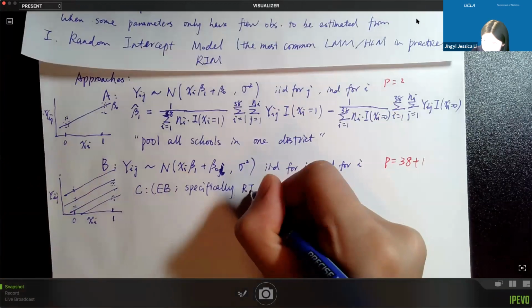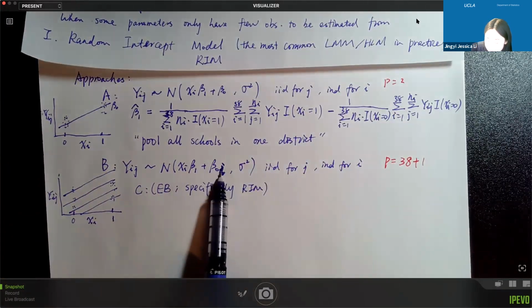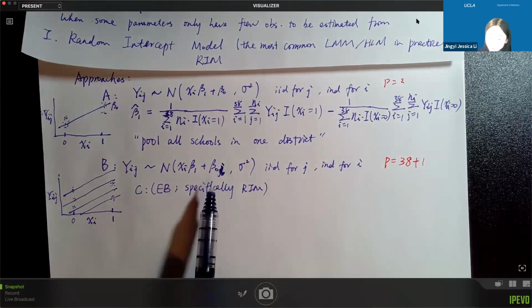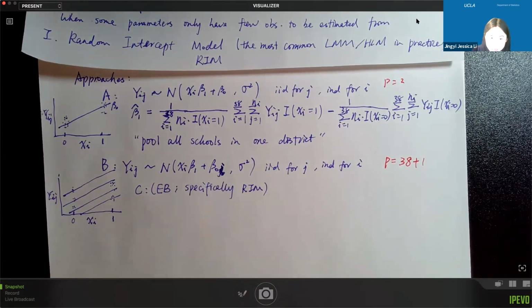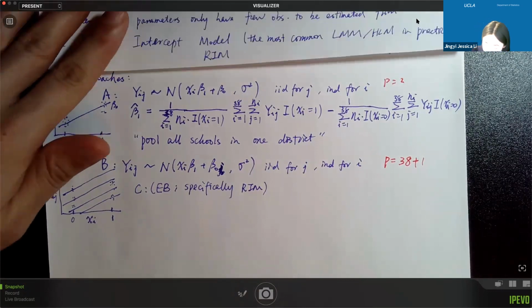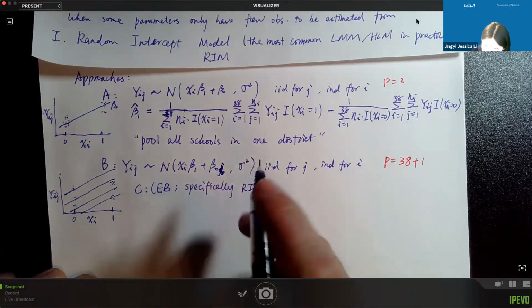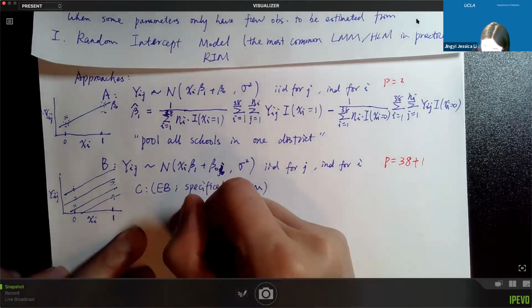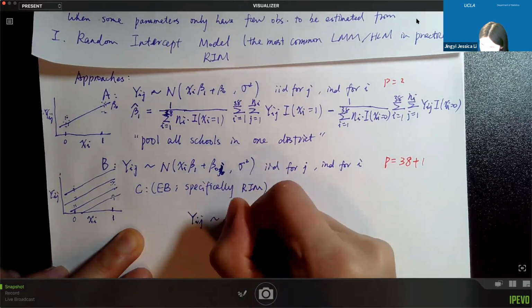In this case, we still think of beta 01 to beta 038 as 38 parameters, but we are not interested in their values. So what we do is specifically add a layer for those beta 01 to beta 038. So it is a 2-layer thing, which we call a hierarchical linear model.